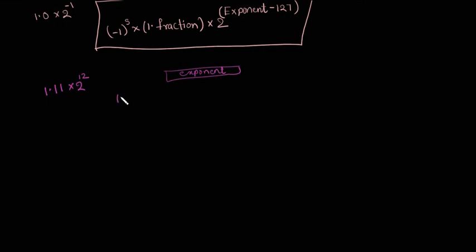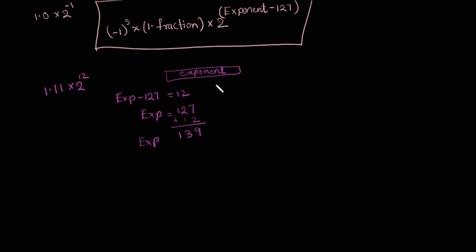Let us calculate. We know that exponent minus 127 equals 12. Exponent is 127 plus 12. What is this? 7, 9, 3, 1. So the exponent value is 139.